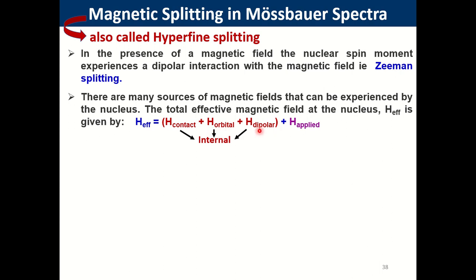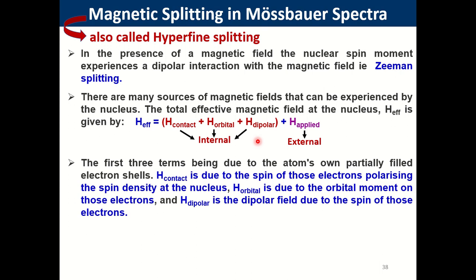Then there is the third one, due to the spinning motion. The electrons are undergoing spinning motion, a magnetic moment will be there, and that will also contribute. So these are the three components that we are going to talk about, and they are described over here.